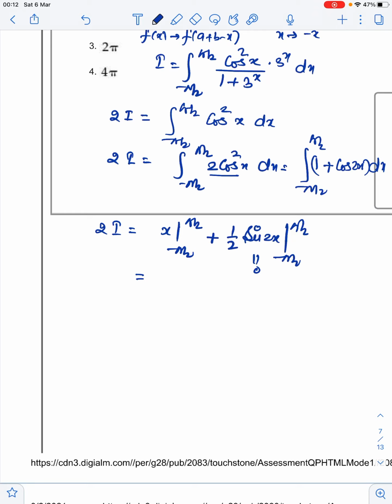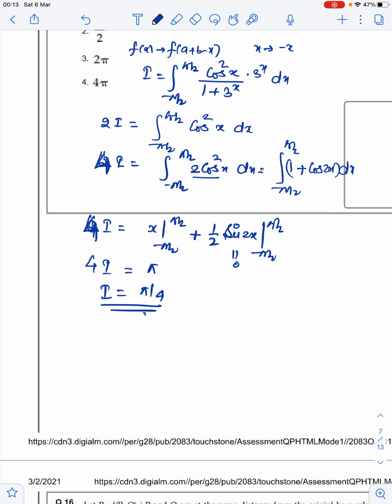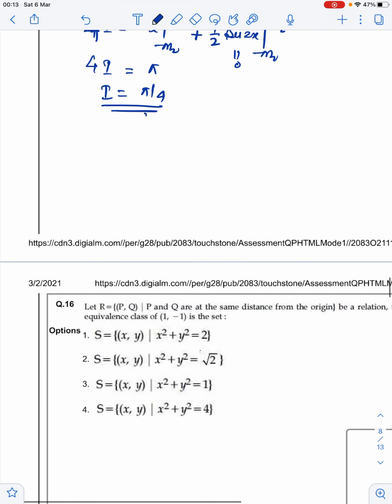So this answer comes out to be... this becomes 4I because we multiply both sides by 2. And this becomes pi by 2 minus of minus pi by 2, which is pi. So the actual answer is pi by 4, the first option.